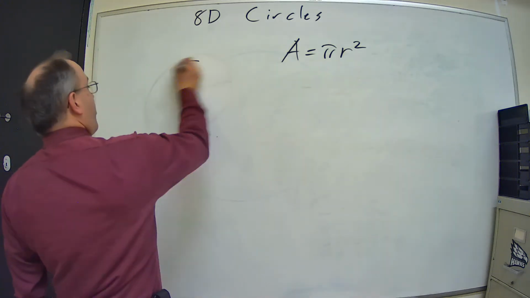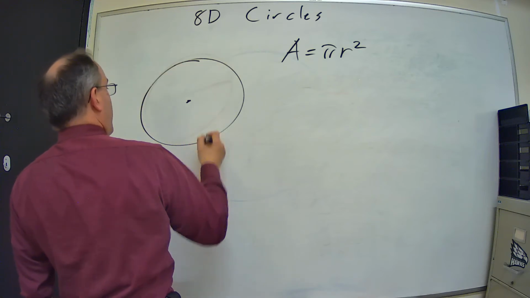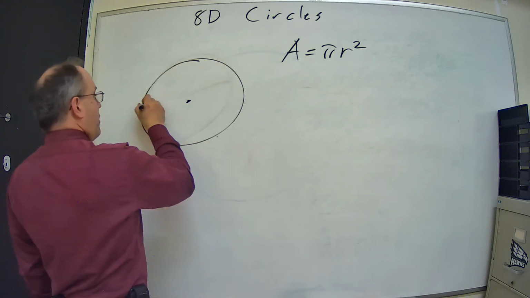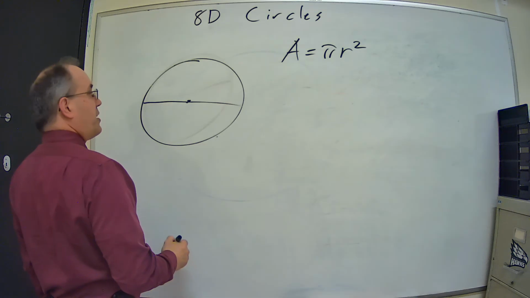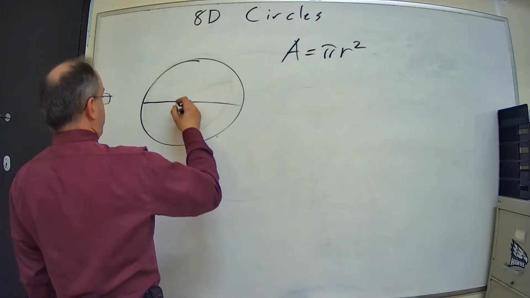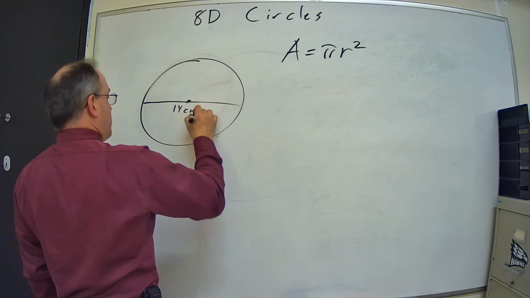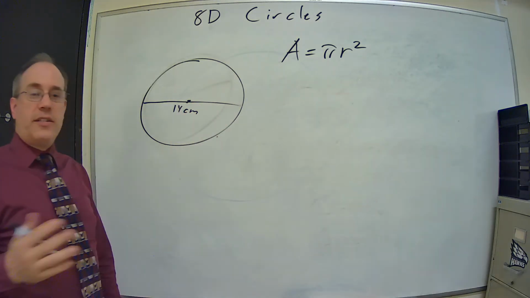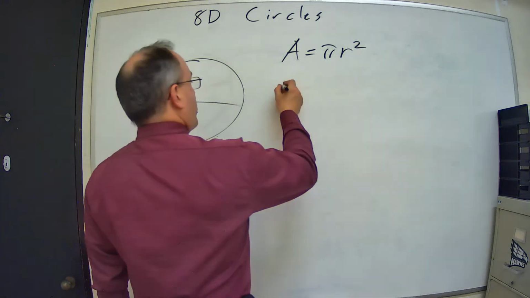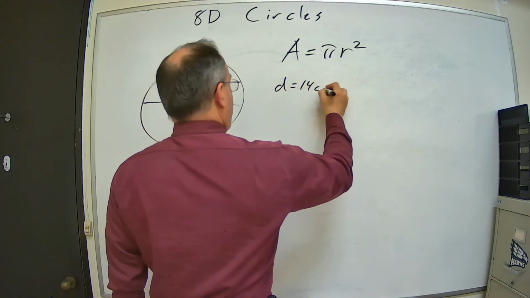If we want to find the area of a circle, then what if I have a circle with a diameter of 14 centimeters? So I'm going to put that up here. D is equal to 14 centimeters.